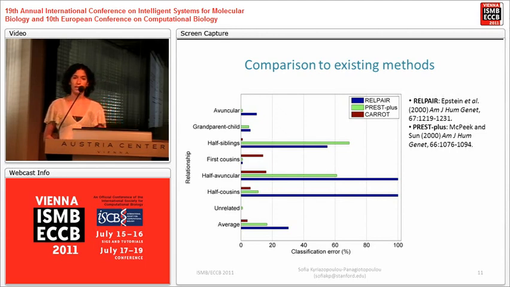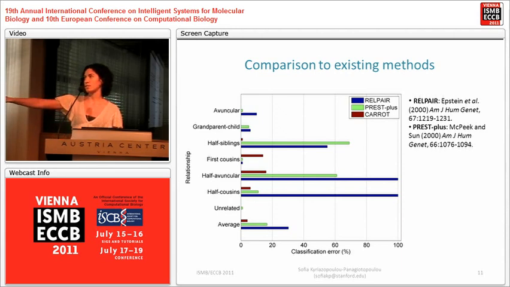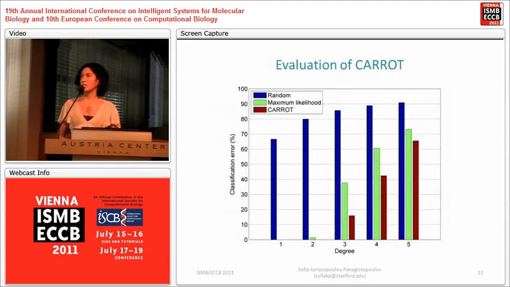However, this is not the ideal evaluation setting for CAROT, because CAROT was designed to distinguish between rotations and relationships of the same degree, and this set here doesn't really contain any rotations. Therefore, to fully evaluate CAROT, we simulated pedigrees for all possible relationships of degrees up to 5, considering all possible rotations.